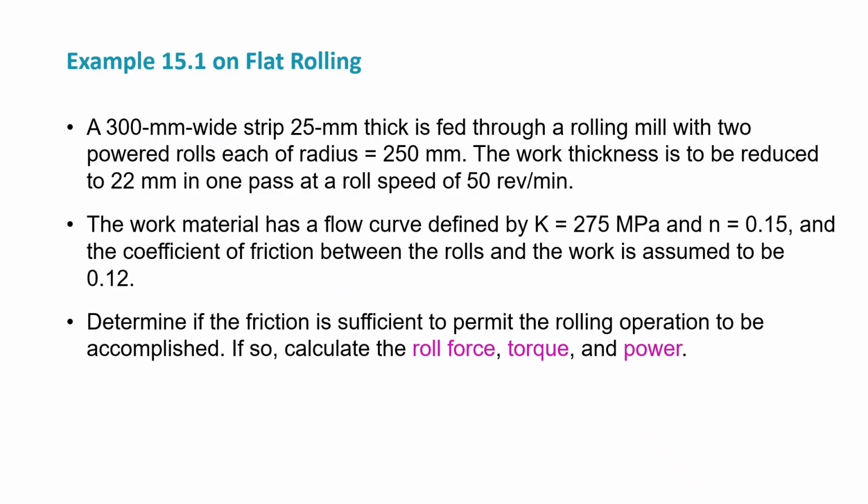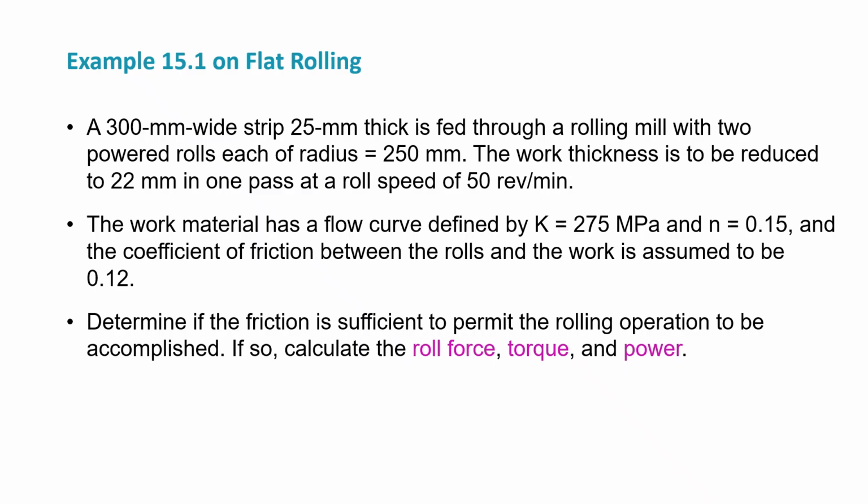The work material has a flow curve defined by K equal to 275 megapascal and n equal to 0.15. And the coefficient of friction between the rolls and the work is assumed to be equal to 0.12.